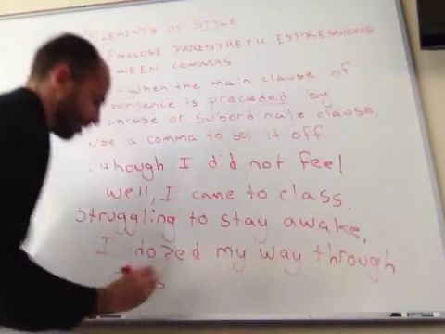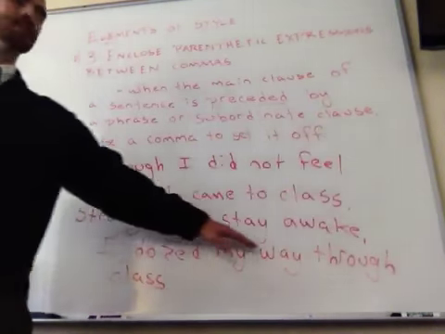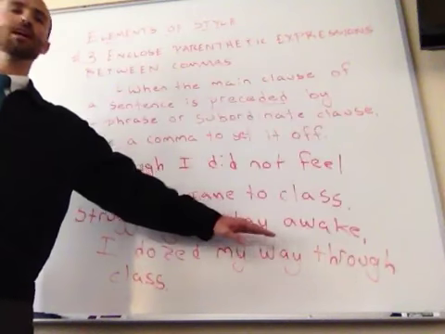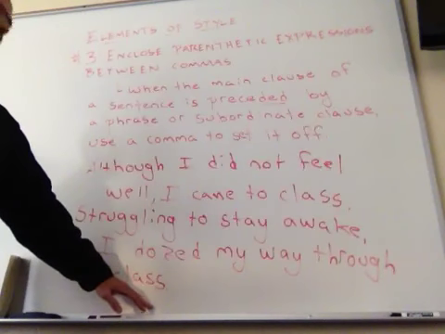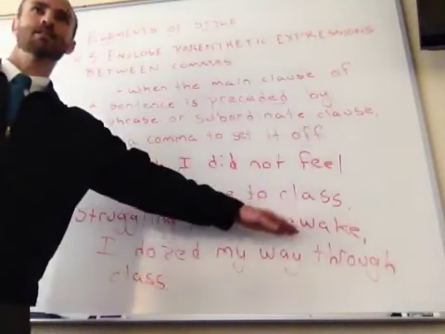So here you don't have a subordinate clause, but you have a participial phrase, again, introducing the main clause, which is I dozed my way through class. So because of it beginning the sentence, you need a comma.